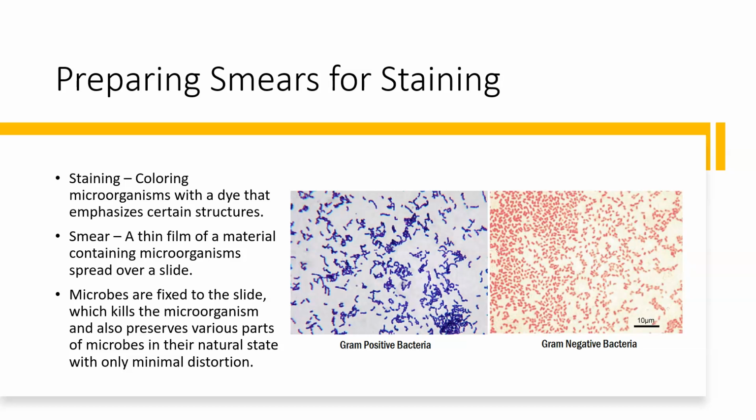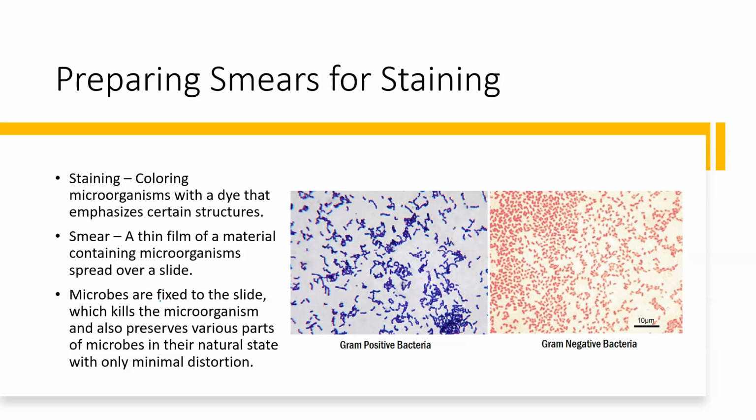Smearing is the act of spreading a thin film of bacterial material over the slide, usually then needing to be fixed, meaning it needs to adhere to the slide. Typically, we're going to fix our slides by running them through some heat from a Bunsen burner.